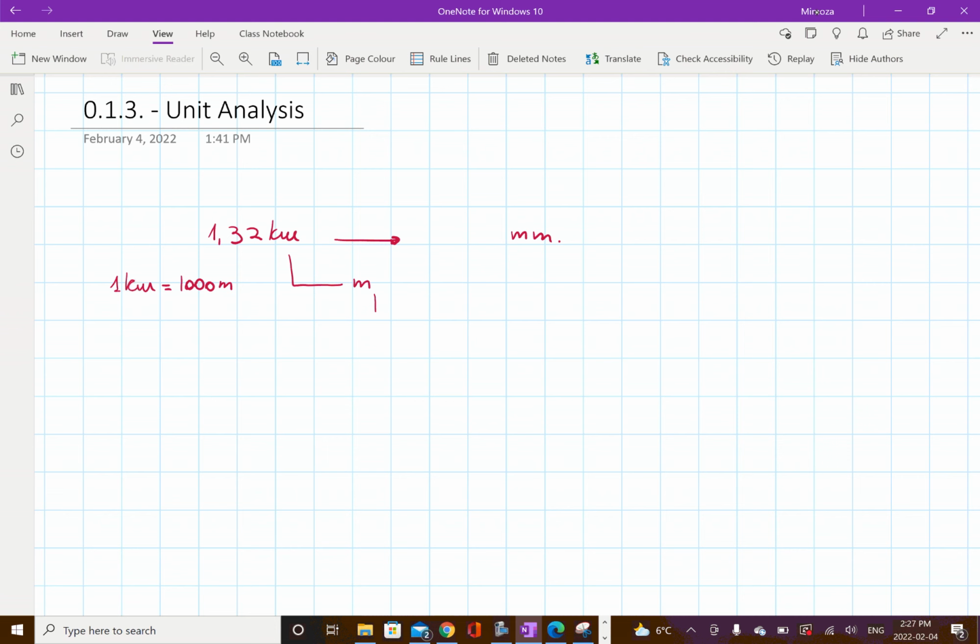And then from meters into centimeters, and in 1 meter, we will have 100 centimeters. And from centimeters into millimeters, and in 1 centimeter, we will have 10 millimeters.